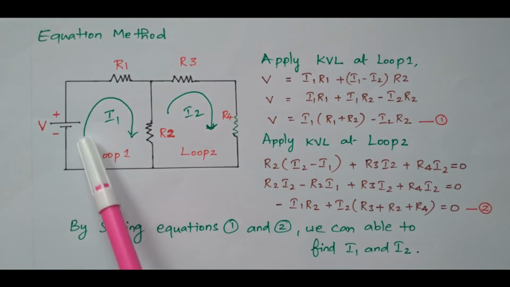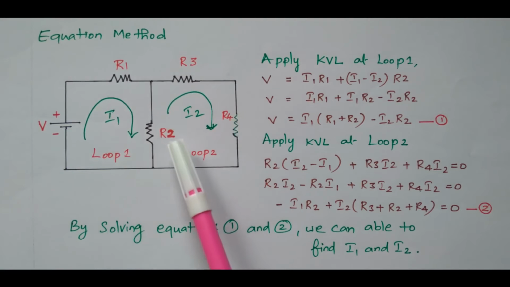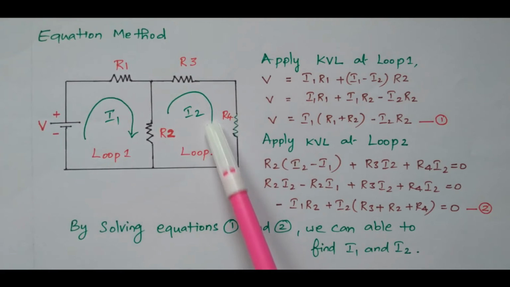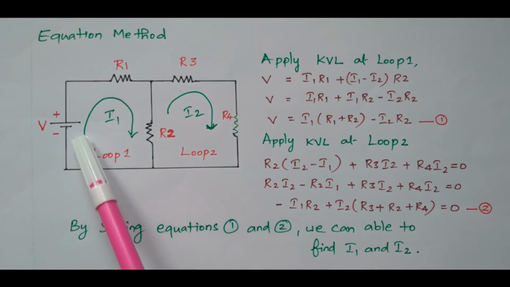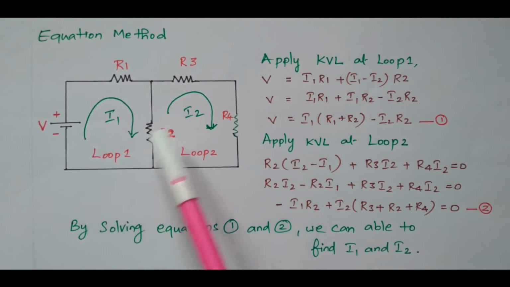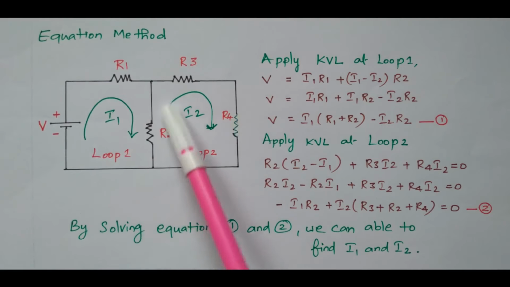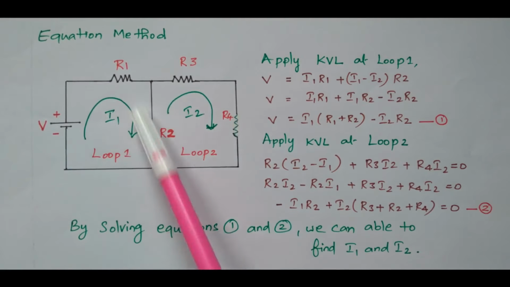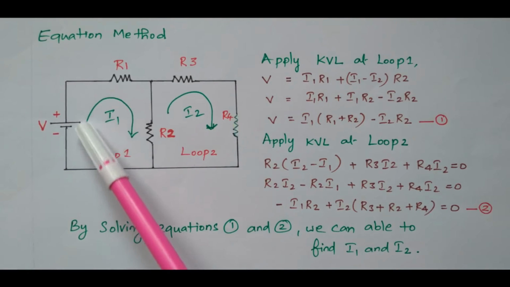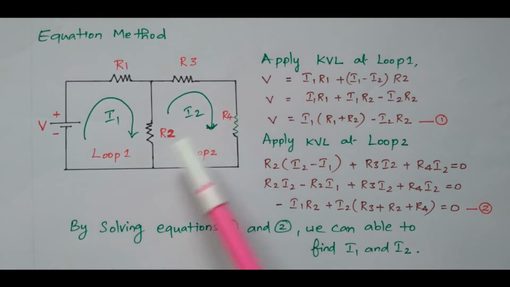The current flowing through loop 1 is I1, and through loop 2 is I2. We can take any current direction, but it is better to take a uniform direction. Both loop 1 and loop 2 currents flow in the clockwise direction. You can take the opposite direction also, but the equation will change accordingly. Here I have taken the same direction for I1 and I2.